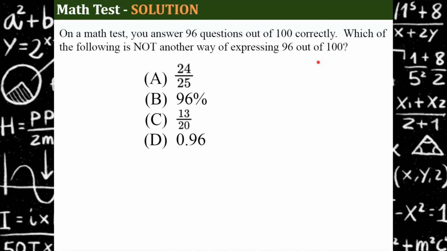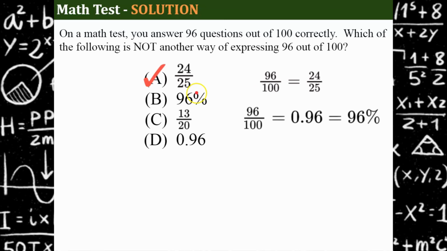Welcome back. Let's see how you did. So 24 out of 25, if I multiply both the numerator and the denominator by 4, I get 96 out of 100. So that's equivalent. So I know it can't be that one. 96% is equivalent to 96 over 100, which is also equivalent to 0.96, 96 hundredths.